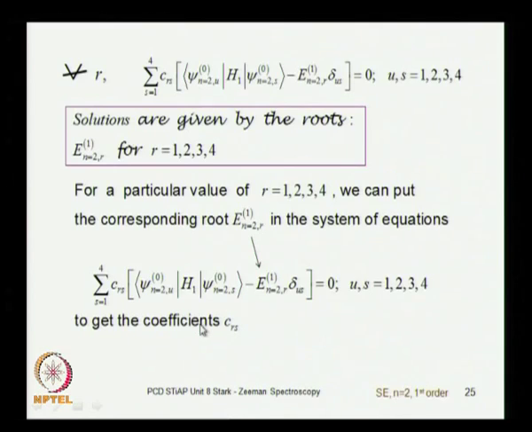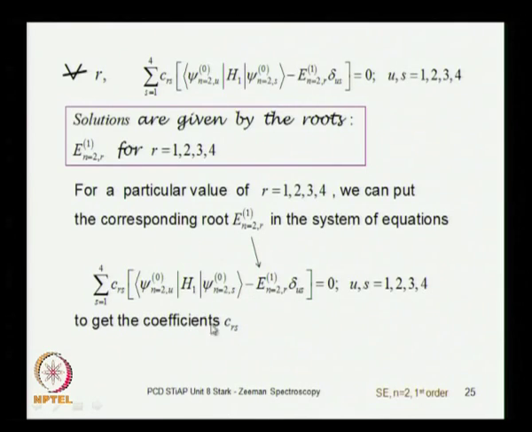So, now you know how to determine the coefficient c, because these were the undetermined factors which we had, but we have found a mechanism to determine them by plugging in the roots. For each root you can solve this set of equations, and from this set of equations you can get the corresponding coefficient CRS. So, that is a mechanism to get the solutions.